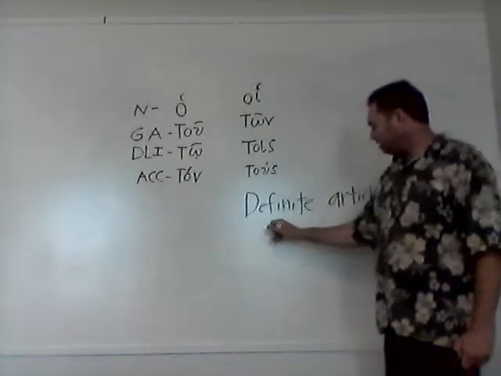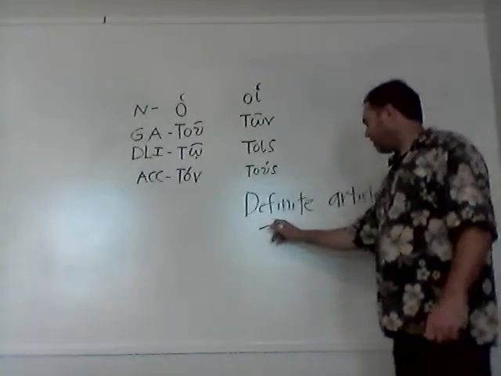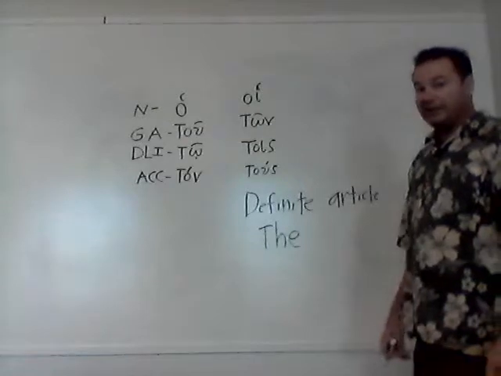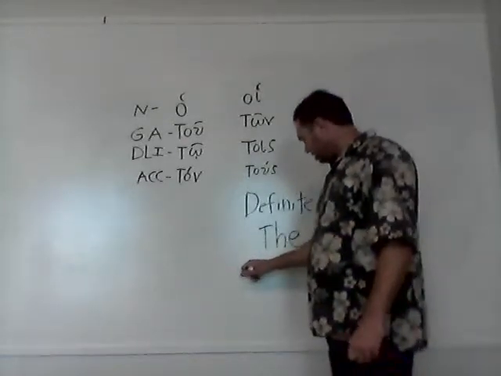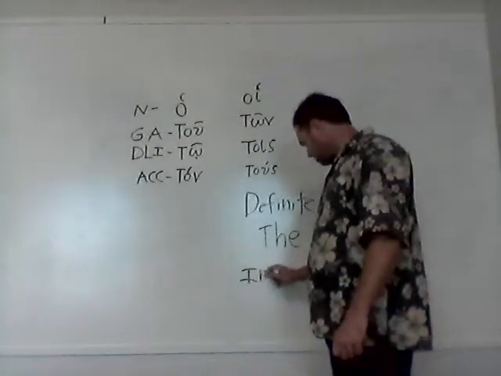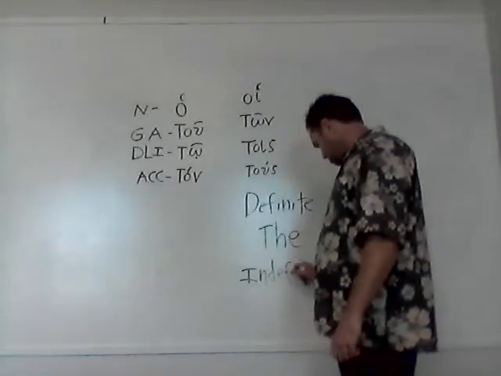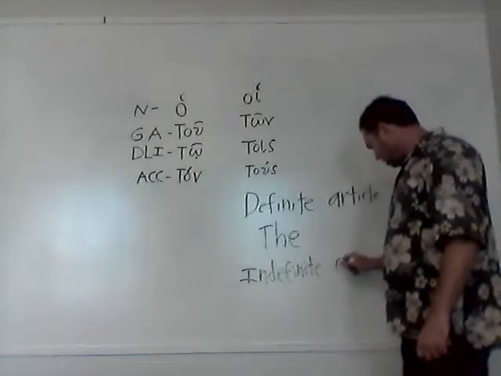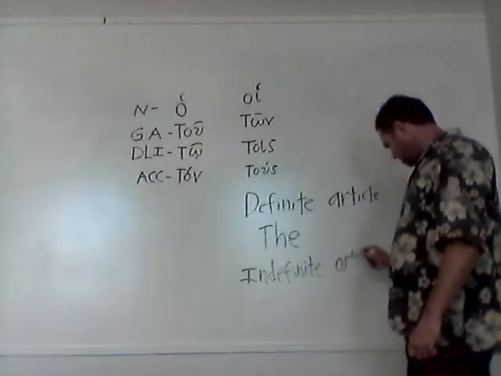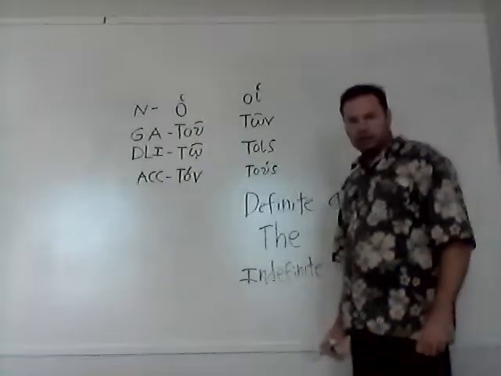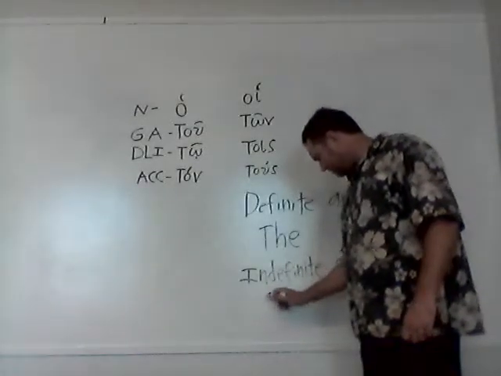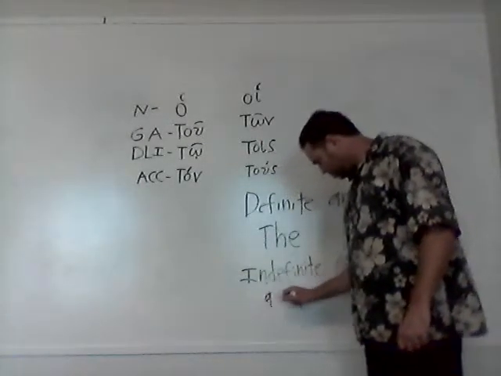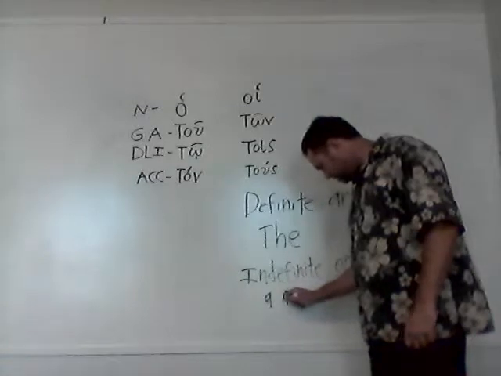The definite article in English would be the word the. And the indefinite article in English, that's the second one, the indefinite article, it can't make up its mind, is the word either a or an.